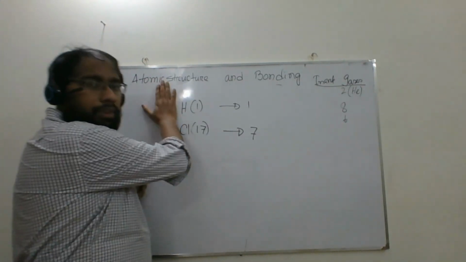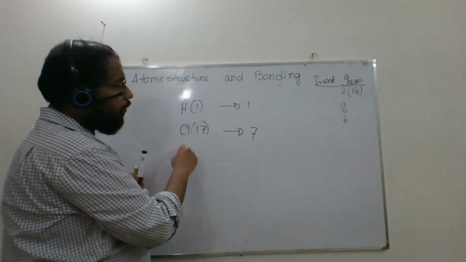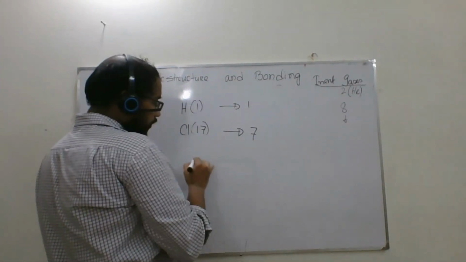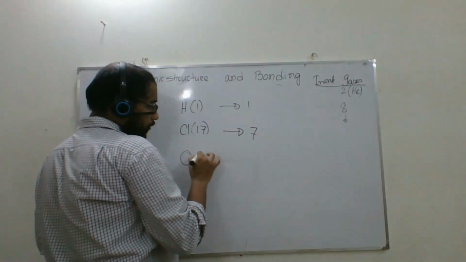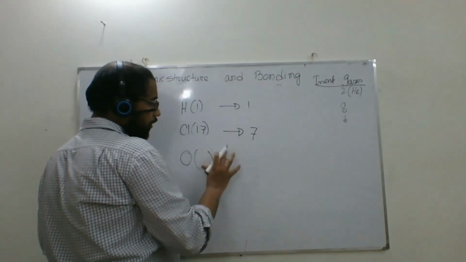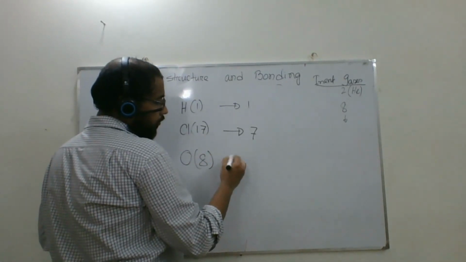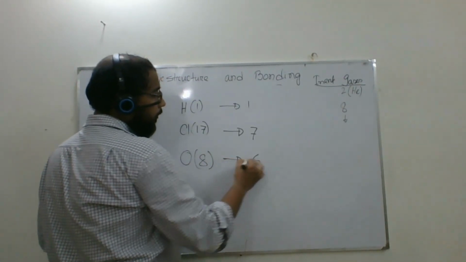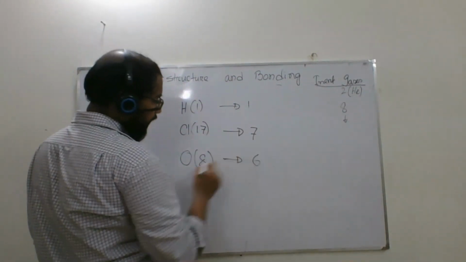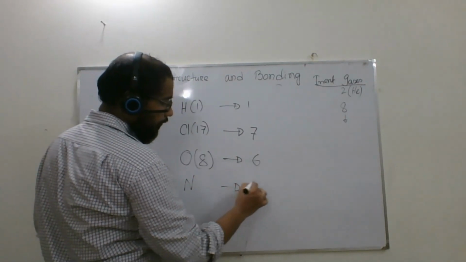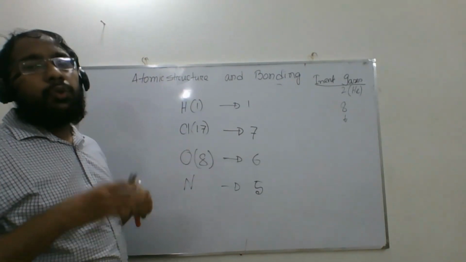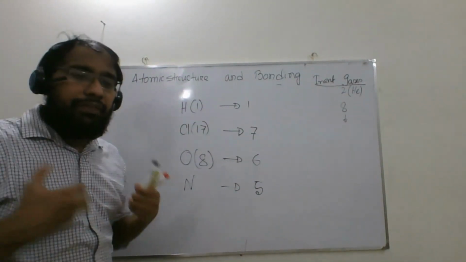Hydrogen cannot donate an electron. Again, chlorine cannot donate an electron. Or if we consider oxygen, atomic number 8, oxygen has 6 electrons in its outermost shell. Or nitrogen, 5 electrons in its outermost shell. None of them are ready to donate an electron, because everyone is deficient.